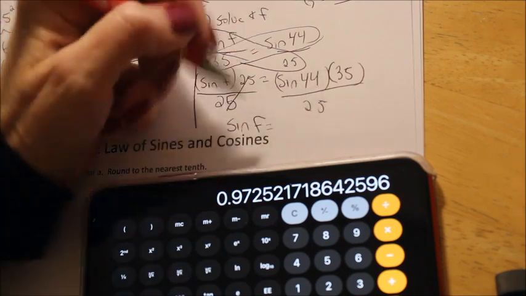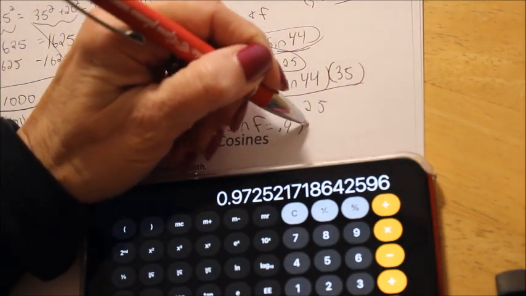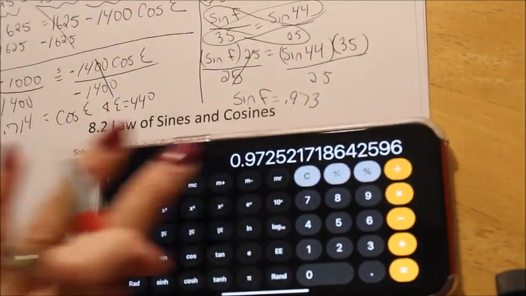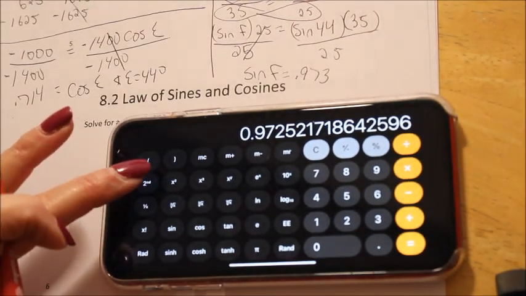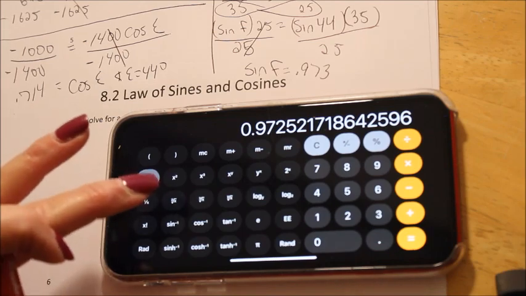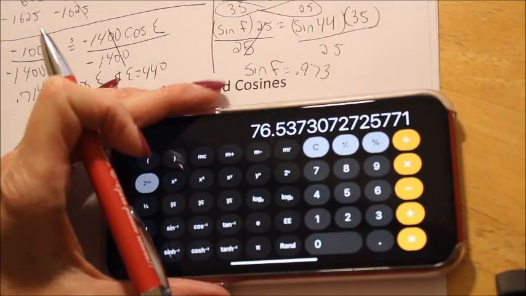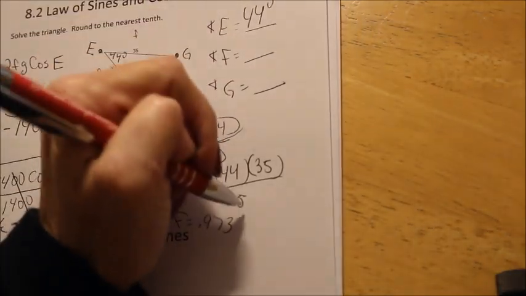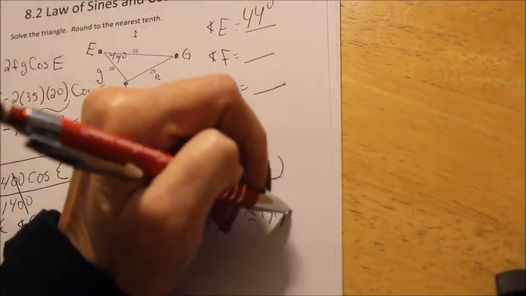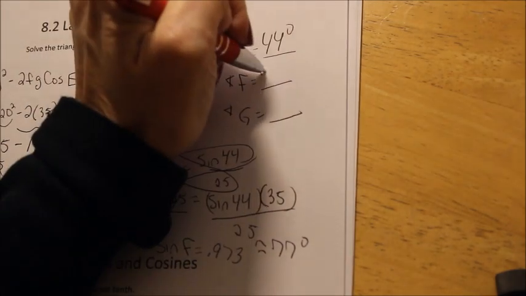I'm going to take the sine inverse. I'll round it, but you can just leave it on the calculator and go right into sine inverse. So I'm going to hit second, sine inverse, 77 if I rounded it to the nearest whole degree. There we go.